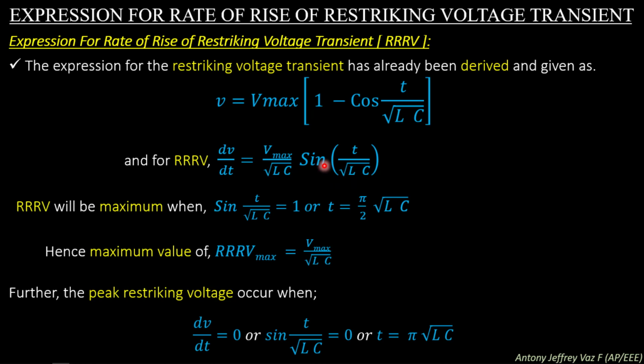Sin 0 is 0, so the sine term sin(t/√(LC)) must be equal to 0 to make a peak restriking voltage. So, we need t equal to π times √(LC). Here π represents 180 degrees and sin 180 is 0. So when sine is 0, the peak restriking voltage will occur.